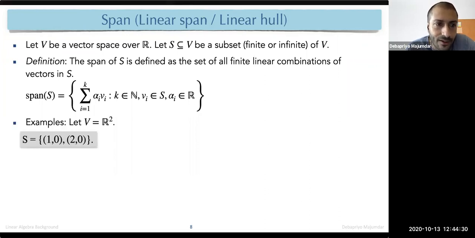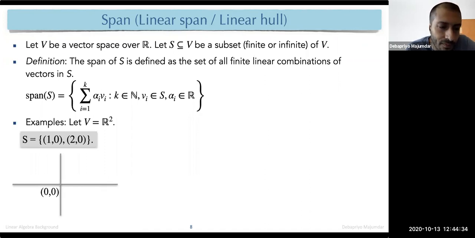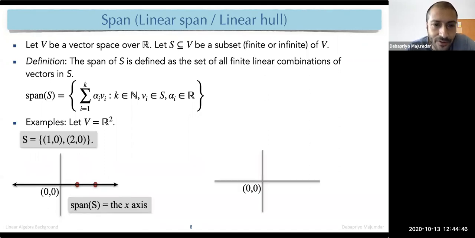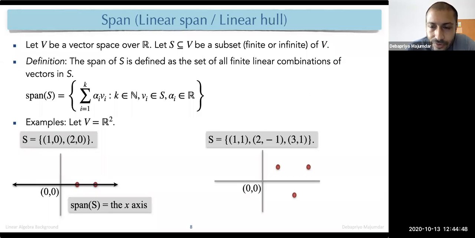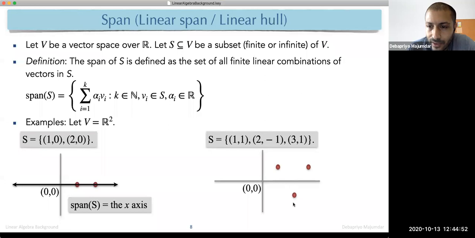For example, the span of (1, 0) and (2, 0). So (1, 0) and (2, 0) are these two points, let's say. What would be the span of this? The x-axis. Just the x-axis, right? The span of this is just the x-axis. Okay. What about, let's say, these three points, (1, 1), (2, -1), and (3, 1)?